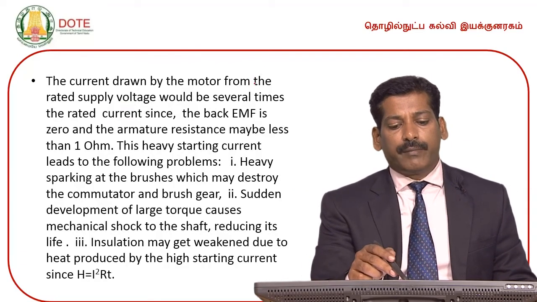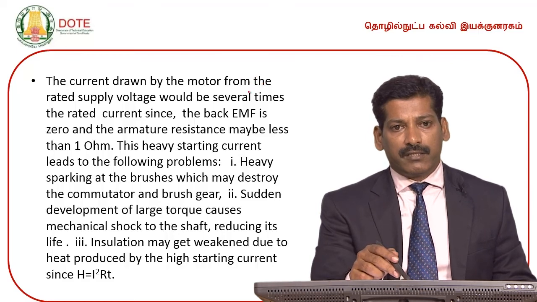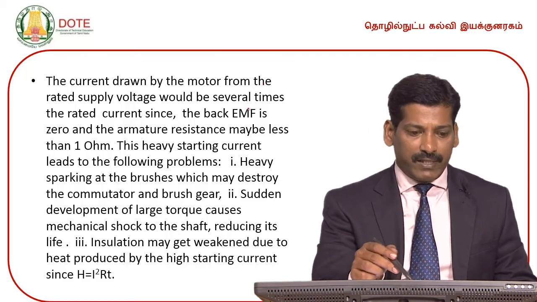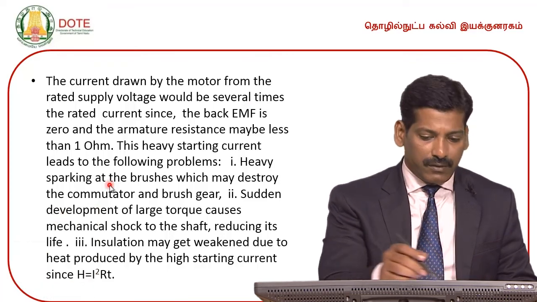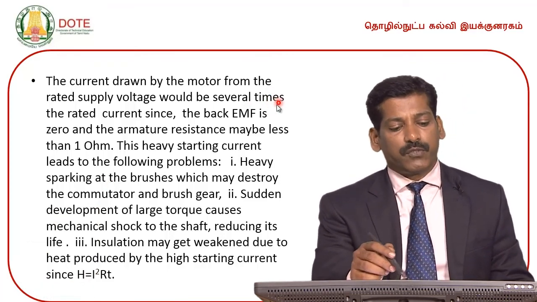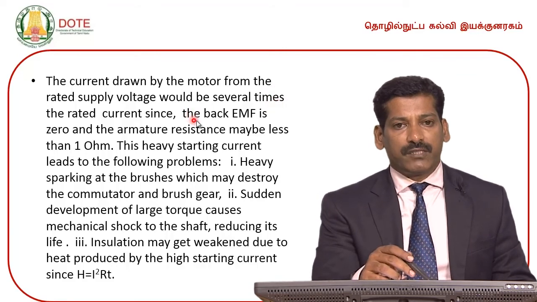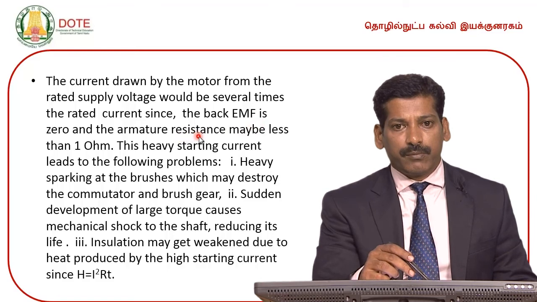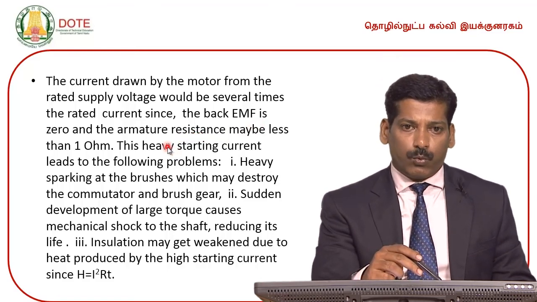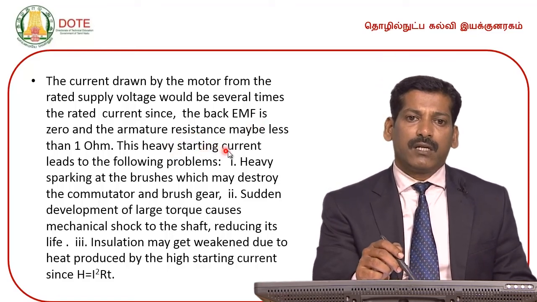The current drawn by the motor from the rated supply voltage will be several times the rated current, since the back EMF is 0 and the armature resistance may be less than 1 ohm. This heavy starting current leads to the following problems.